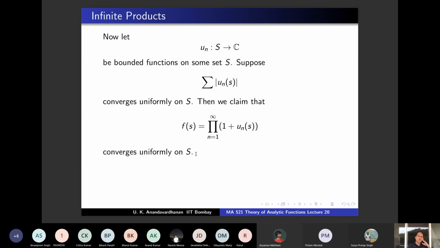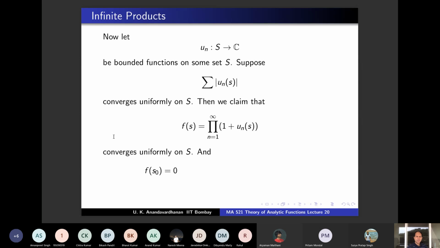It converges uniformly on S. What is the convergence of the product? You take the partial products and the limit exists, and that limit is uniform on S. If you are given that the summation of mod un is uniformly convergent, where the un are bounded functions, then this product converges uniformly on S. See, in the Weierstrass theorem, you will be constructing holomorphic functions by taking infinite products. That's why we are analyzing infinite products.